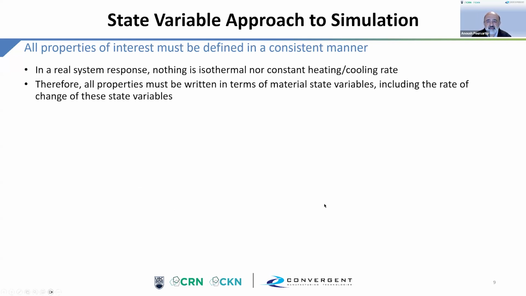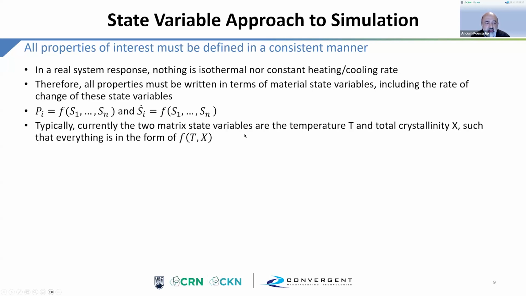And so to be able to cope with any arbitrary temperature history, we believe that you've got to write all your properties in terms of material state variables. And even the change of those material state variables has to be written in terms of those state variables. So you basically end up with a formulation which is differential in form. What this means is you can integrate it for any arbitrary problem.